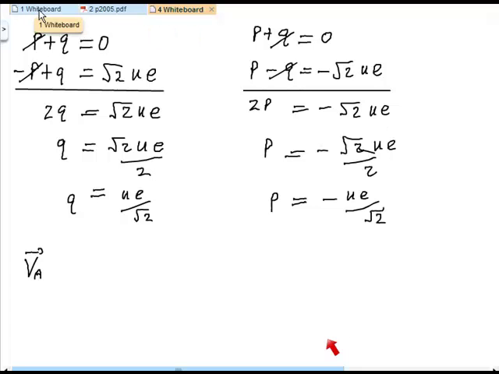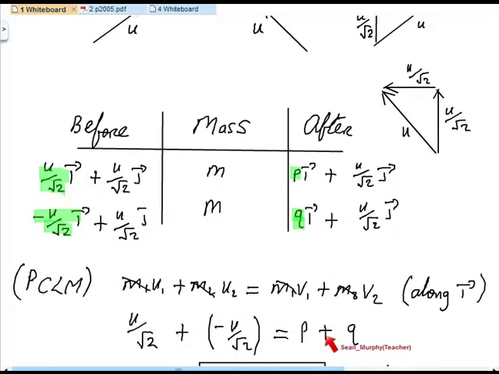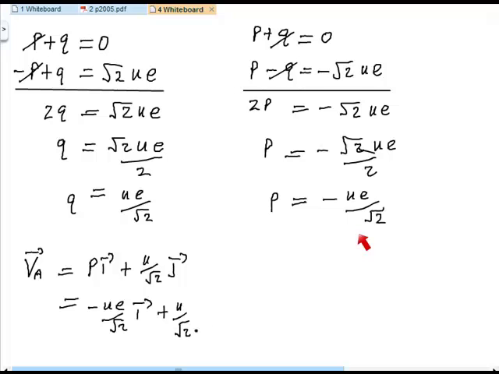And to get that, again back to our table, the velocity of the first sphere after collision is Pi plus U over root 2 J. And now we can fill in P because we just worked it out. P is minus UE over root 2 times I plus U over root 2 J.